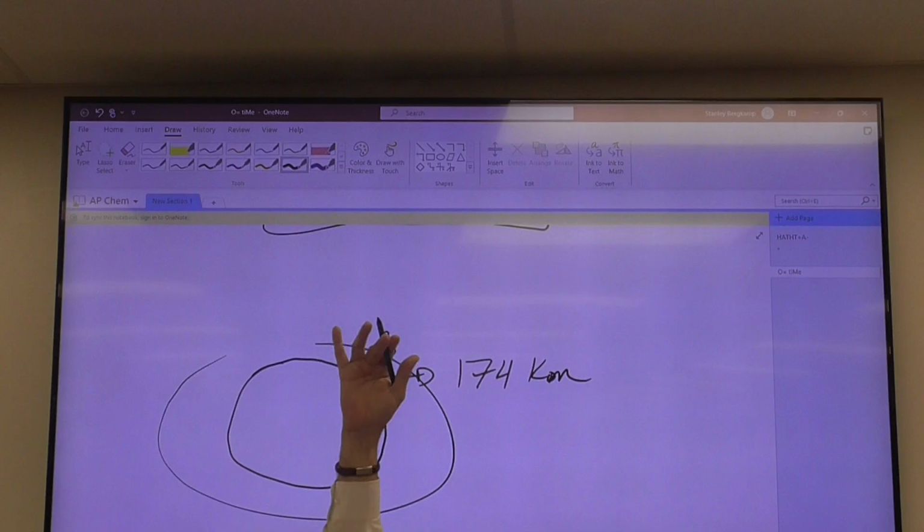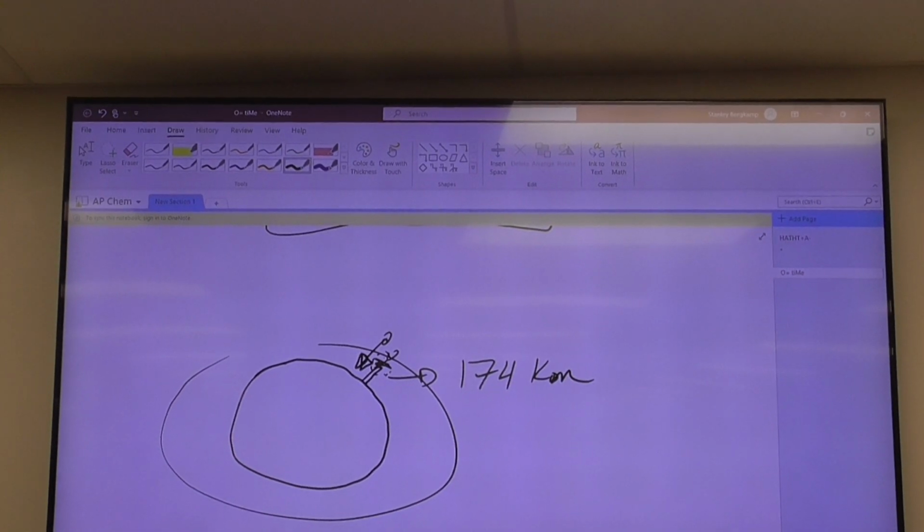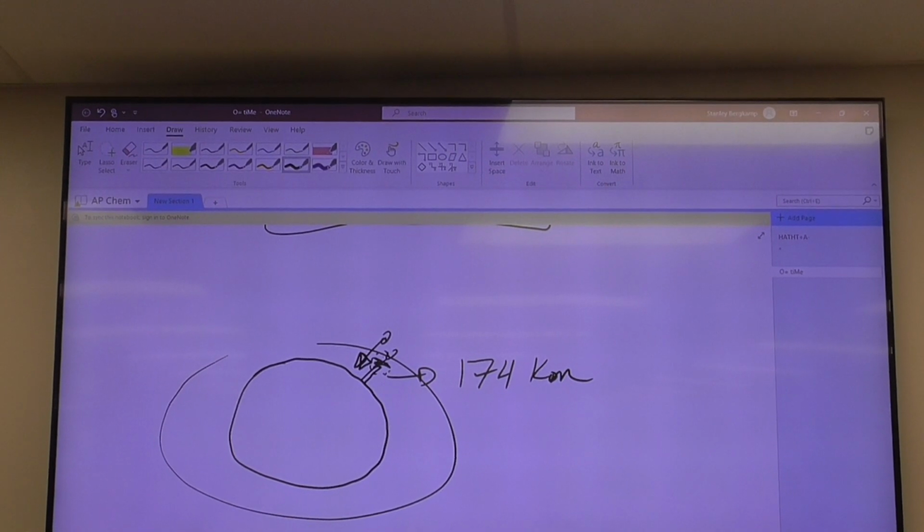He's just standing on top of this really tall tower that's 174 kilometers tall. Do you think the acceleration due to gravity is going to be bigger or smaller than 9.8 meters per second squared? Smaller. Because at the surface, what's your acceleration? 9.8. So we're going to be up there a ways.